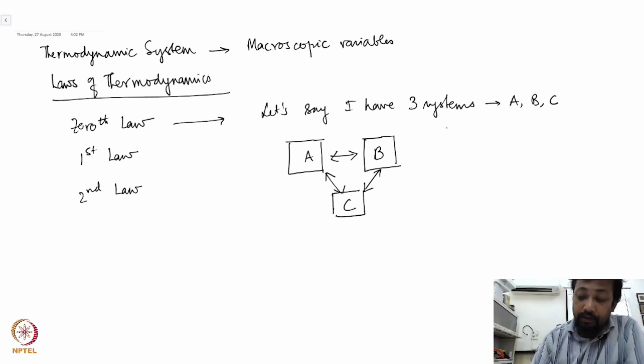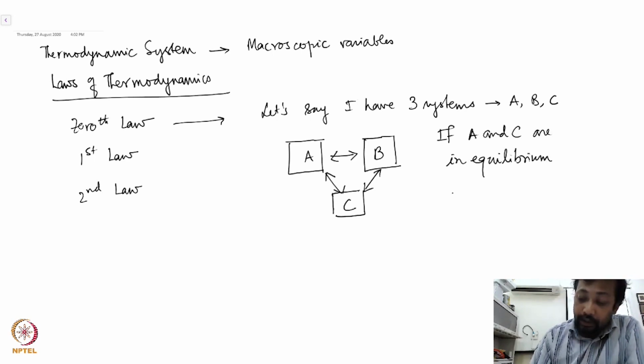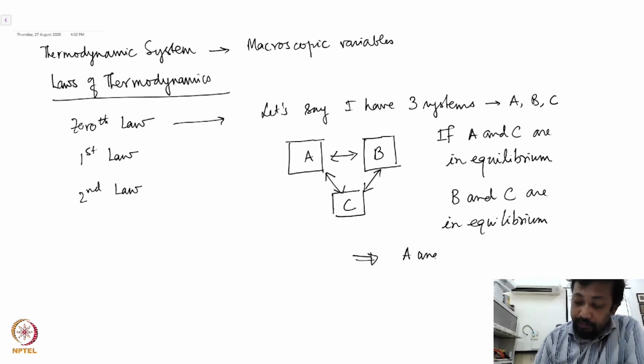So essentially the statement of the law says that if A and C are in equilibrium, and B and C are in equilibrium, then it necessarily means that A and B are also in equilibrium.